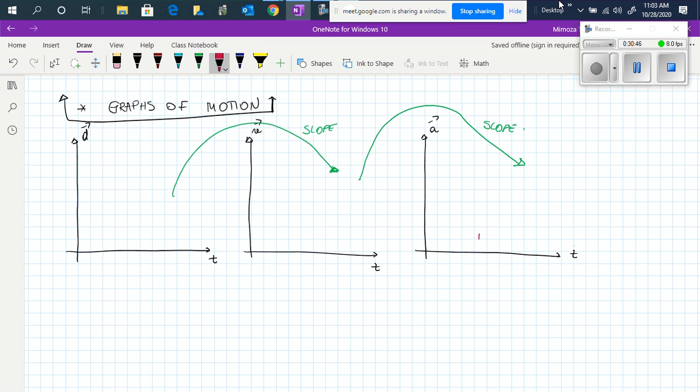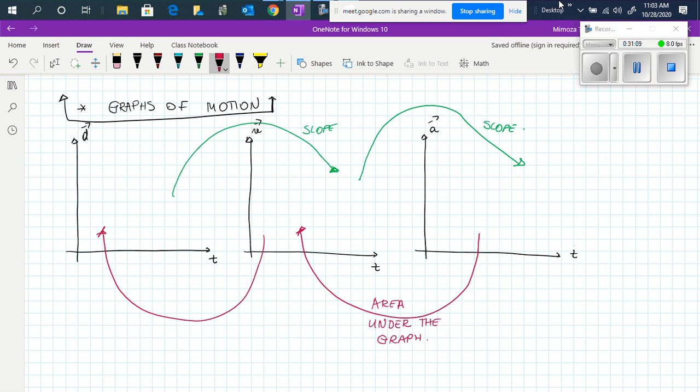And if we know the acceleration time graph, and we need to figure out what is happening with the velocity time graph, then we calculate the area under the graph, which can be positive or negative.